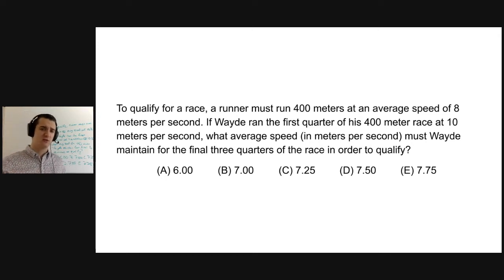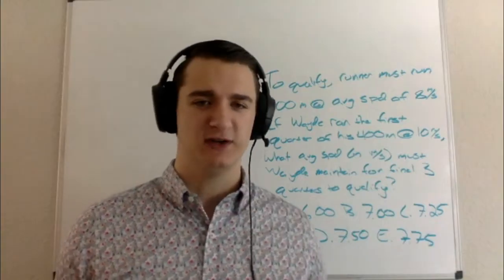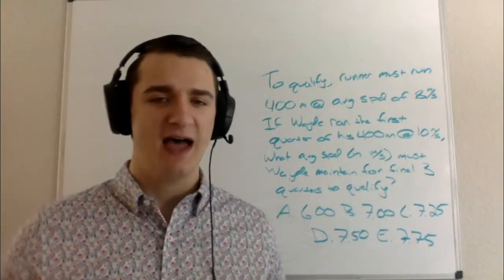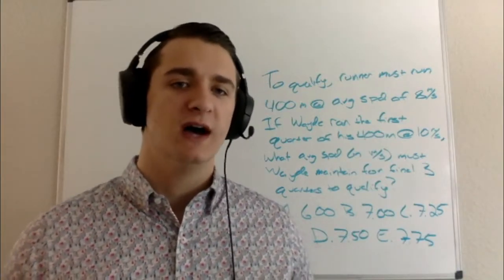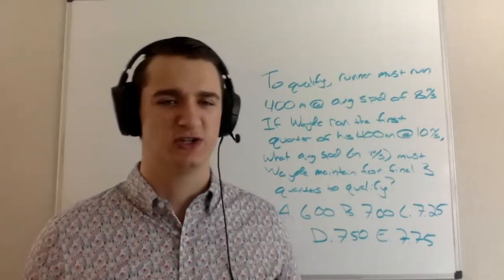So this is the first question where we're getting into average speed here. And one thing to be aware of with average speed is that it's a little bit counterintuitive. And at times people can run into some challenges when they try and just use simple intuition to solve this sort of thing.